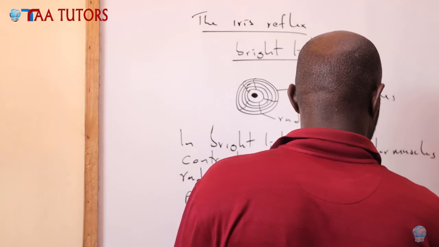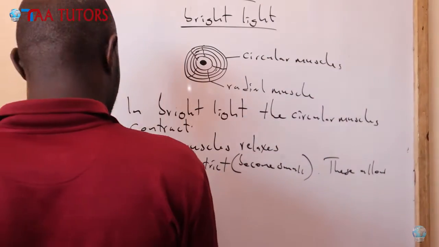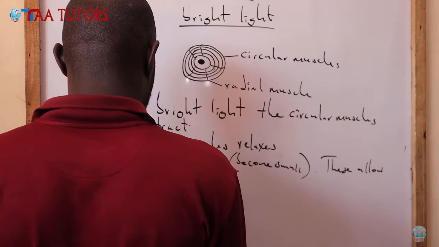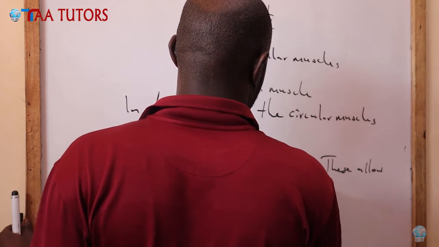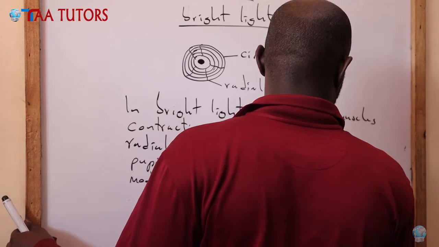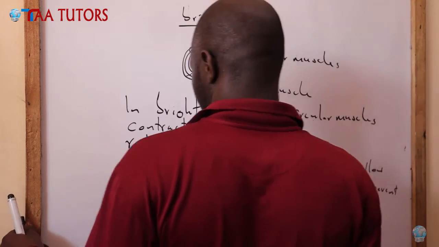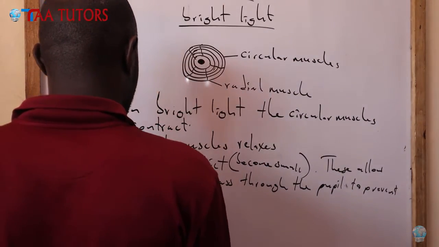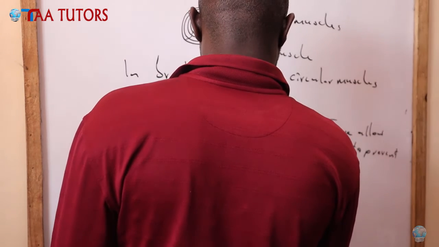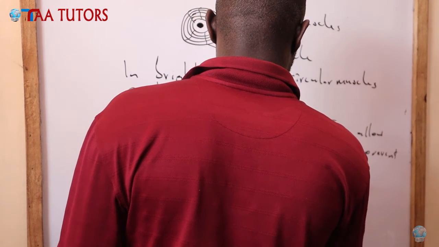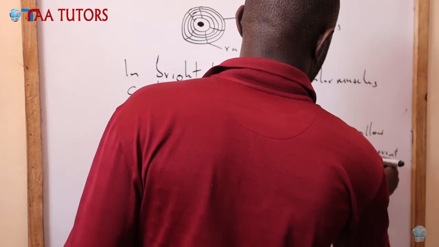So you can say these allow moderate light to pass through the pupil, to prevent the damage of the retina, or you can say the light sensitive pigments on the retina.